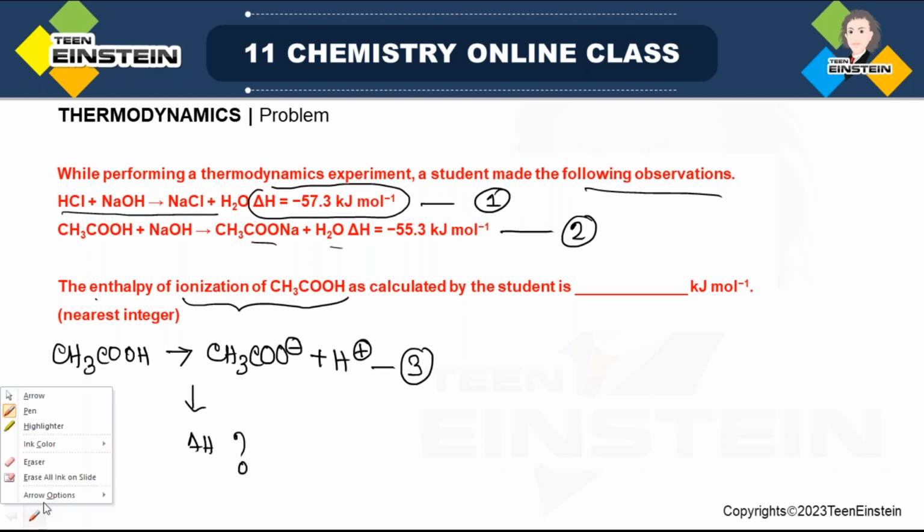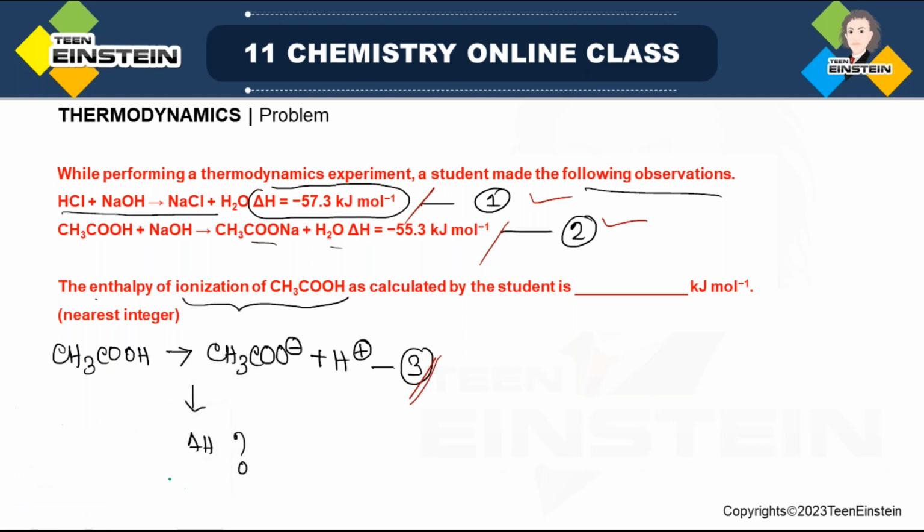So we will try to arrange these two equations in such a way that you can get equation number 3. Why are we doing so? Because for equations 1 and 2 you know the delta H values. So if you can somehow arrange these two equations, by subtraction or addition, and get equation 3, then we can manage these two delta H values accordingly and get the delta H value for equation number 3.